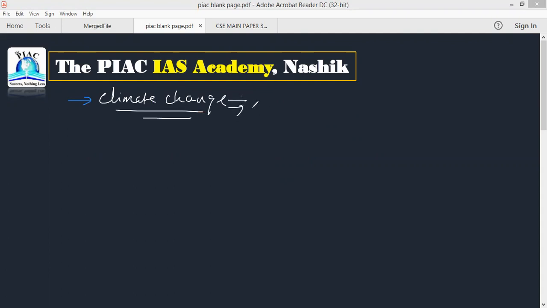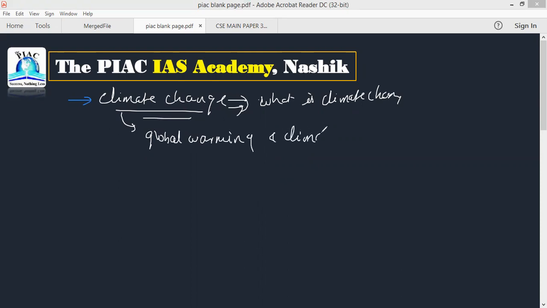What is climate change? First of all, what is climate change? How are global warming and climate change interrelated? What international agreements have been made?